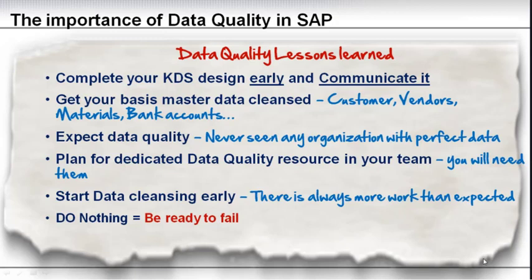You might need to open up, making all the SAP best practice mandatory fields suddenly optional, or compromise on the process in SAP, and then you will have a spiral with no end. It will be a never-ending story. So do nothing, be ready to fail.